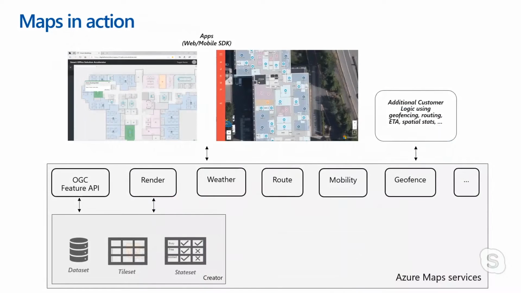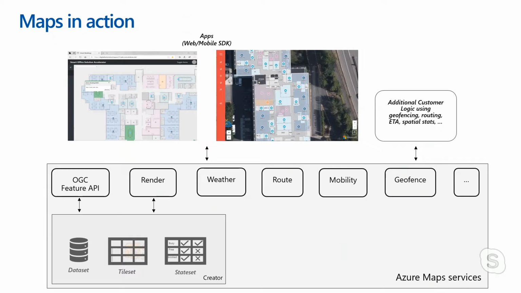So as you have created a dataset or more, what we do through Creator is to enable a number of service experiences that are available through the SDK, but also through the service API directly.